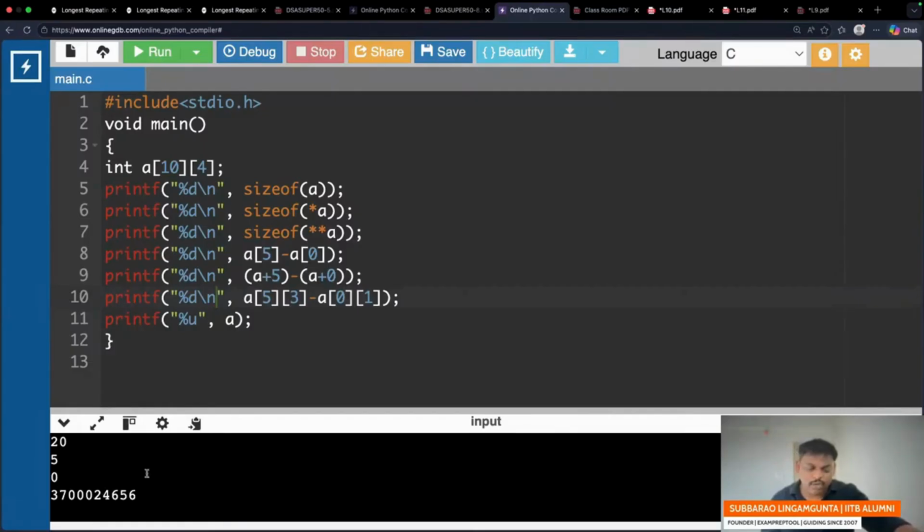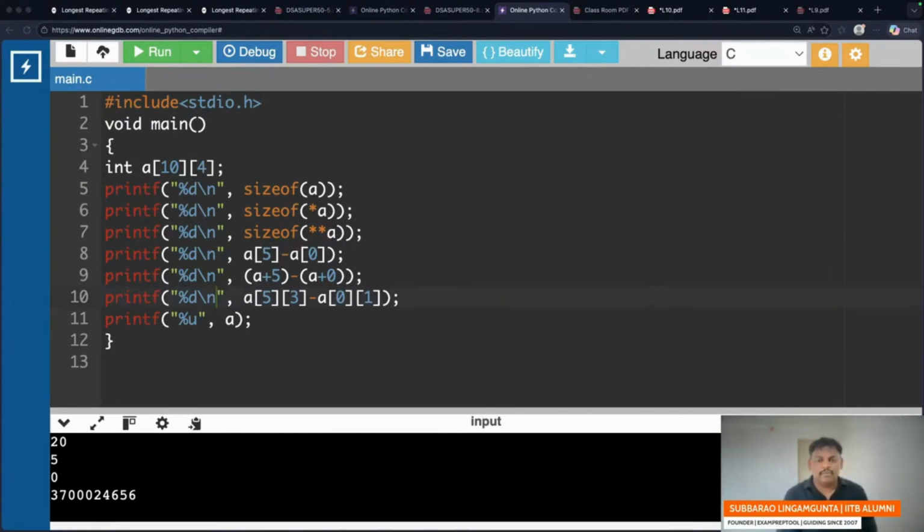If you observe, the fourth one is 20, the fifth one is 5, the sixth one is 0, literally 0. But one small question I want to ask you. Please reply, everyone. Can you help me? Is the sixth printf data or not? I want an answer from you.